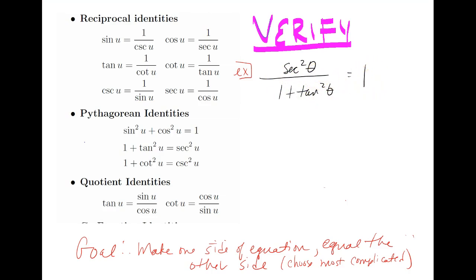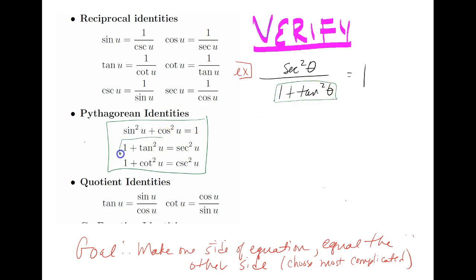Well, I mentioned in my last video that any time I see the number 1 and somebody squared, I try to use one of the Pythagorean identities. And if you look down that list, there's one that matches what I see exactly, right? I have a 1 plus tangent squared in the denominator.